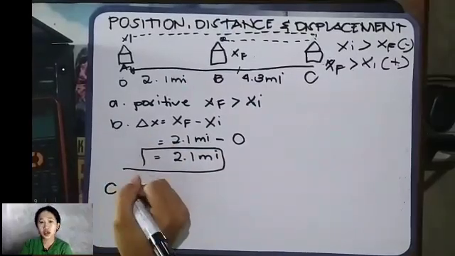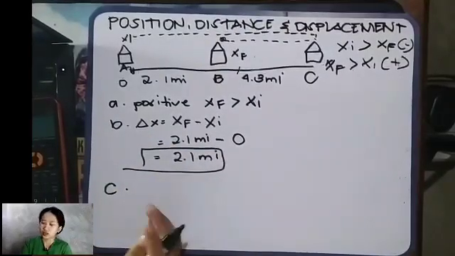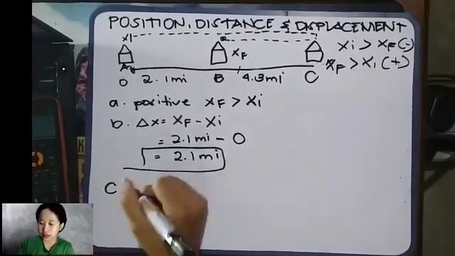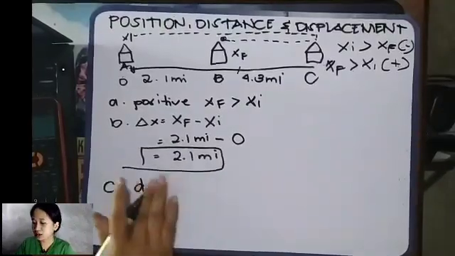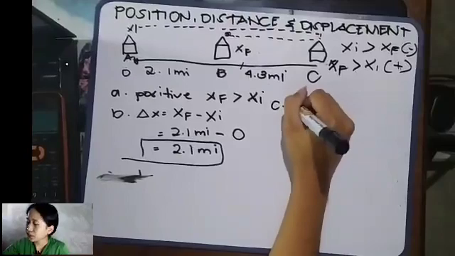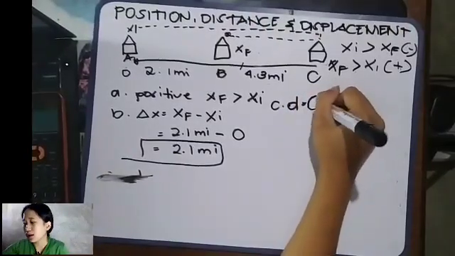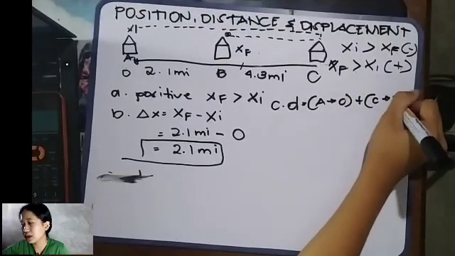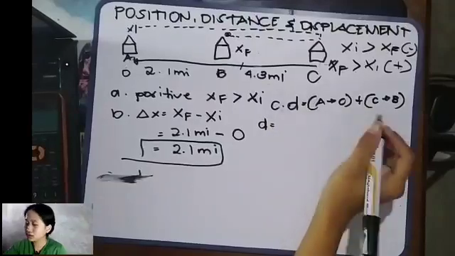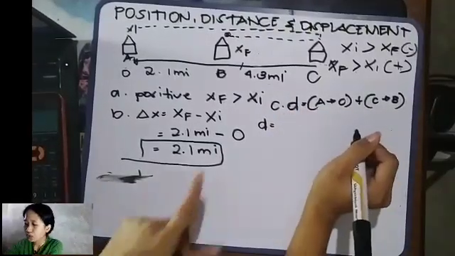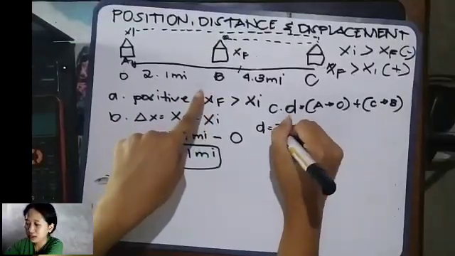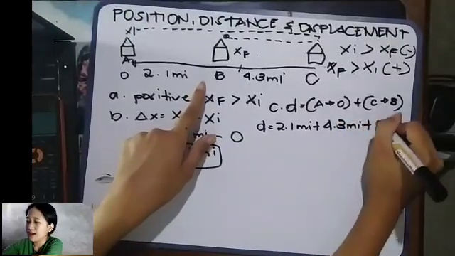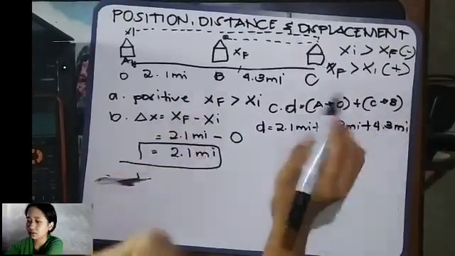Sa C natin is, what is the distance covered in this trip? So, ibig sabihin nun is, yung kabuuang distance na tinravel mo. So, ang gamit natin is D, dito na lang. D is equal to A to C plus C to B. So, i-substitute natin A to C, madadaanan niya is 2.1 miles plus 4.3 miles plus 4.3 miles ulit kasi C to B, babalik.